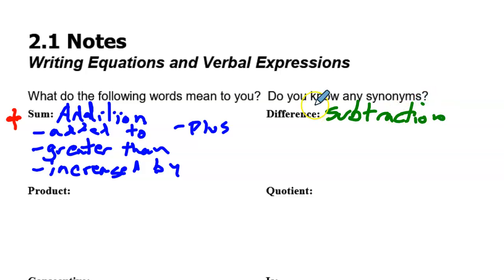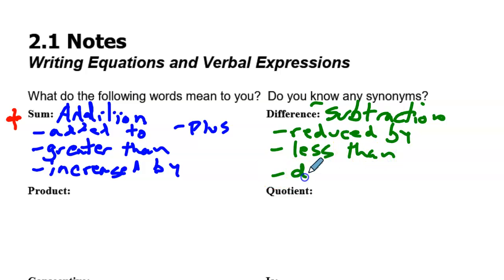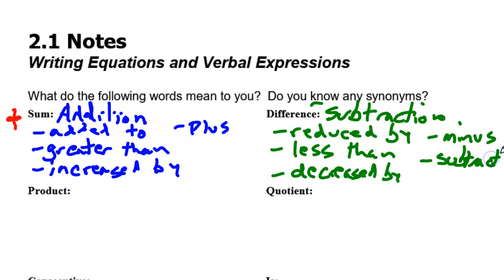Some other words, some synonyms would be reduced by, less than, decreased by, minus or subtract. Don't really see people saying takeaway too much anymore. The symbol for that is minus.